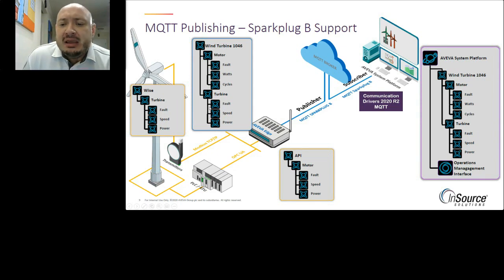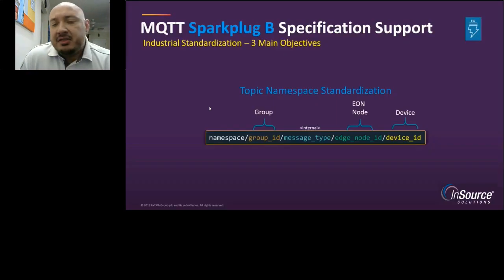So the Sparkplug B gives us a standard on top of the MQTT protocol to give us three things. So the main objectives that they use in this case is giving us a structure, or at least defining a structure for our devices, where I can drill down into their namespace, find the actual edge device, find the windmill itself, or the wind turbine that we saw earlier, and the actual attributes in them.